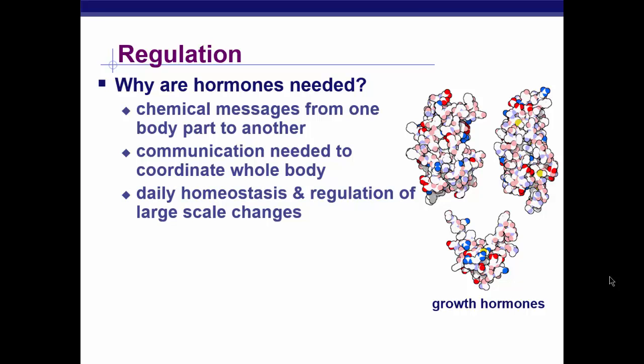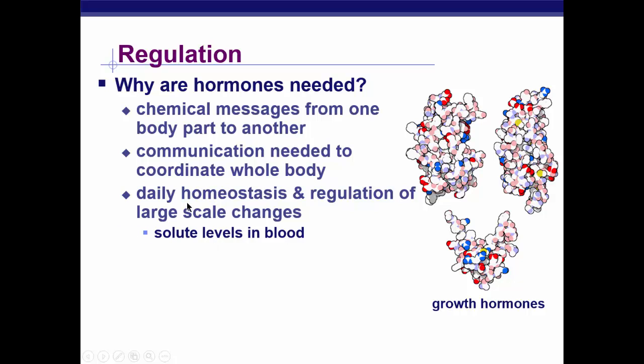Regulation is important for daily homeostasis and the regulation of large-scale changes. Growth hormone, if it only was working on one muscle or one body part at a time, that'd be a really weird growth process. And adolescence is weird enough already. We don't need one body part at a time to start developing. Right?